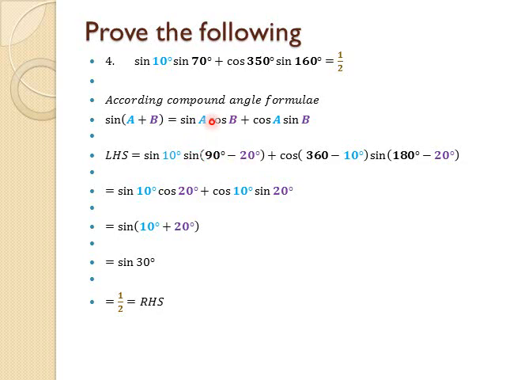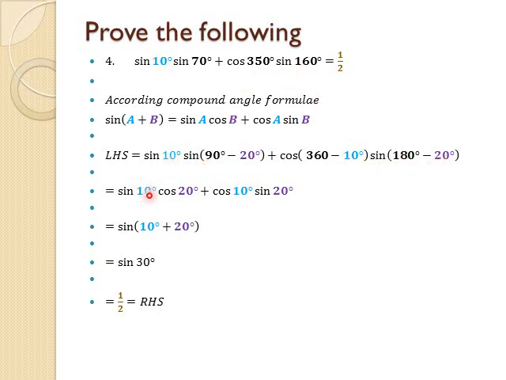The 90 will change sine to cos. There A, I must get 350 to be the same as 10. So there 360 minus 10 degrees gives me 350. And then sine B 160 to get it to become 20, 180 minus 20 gives me 160.